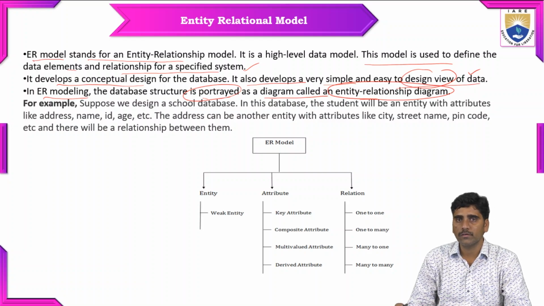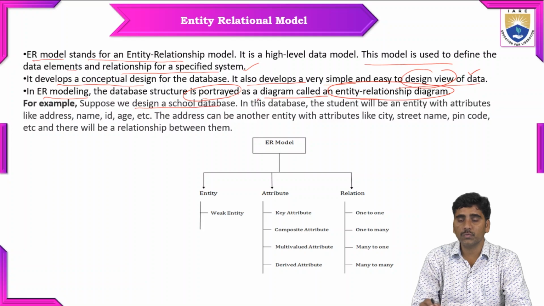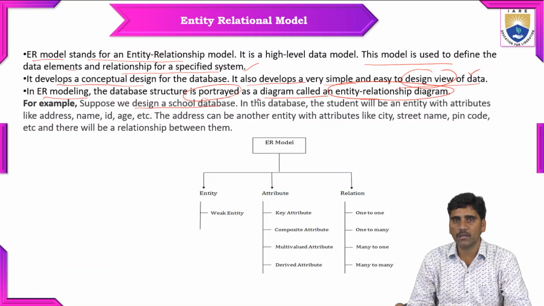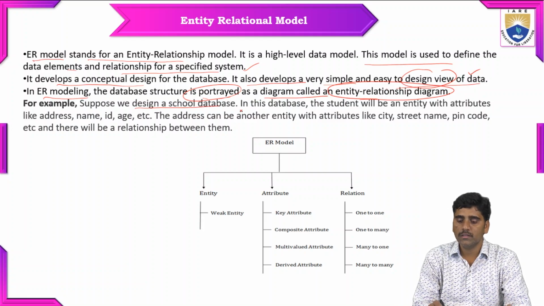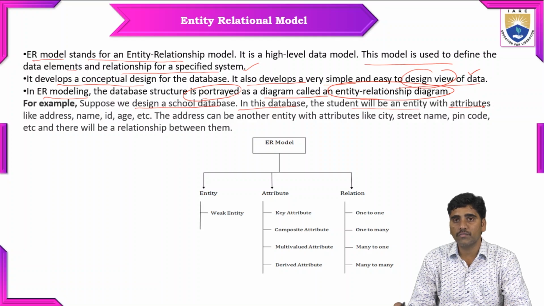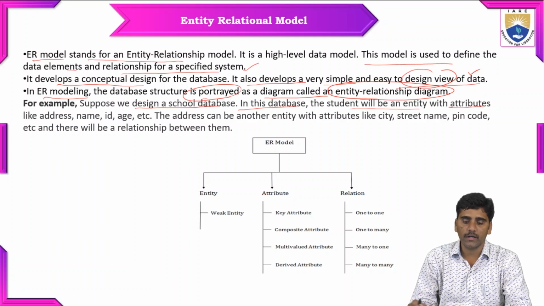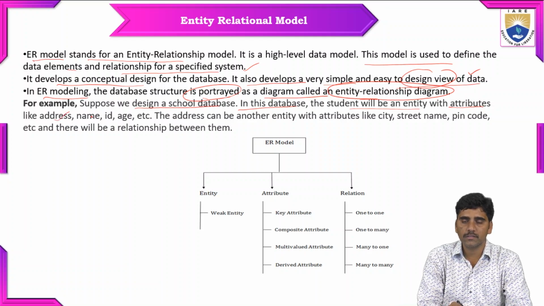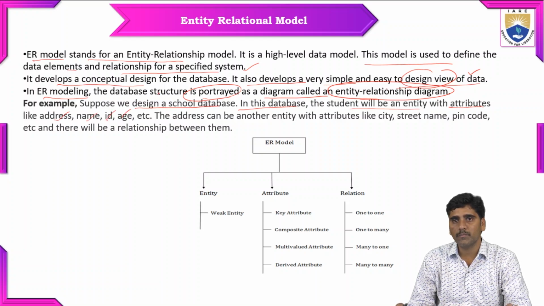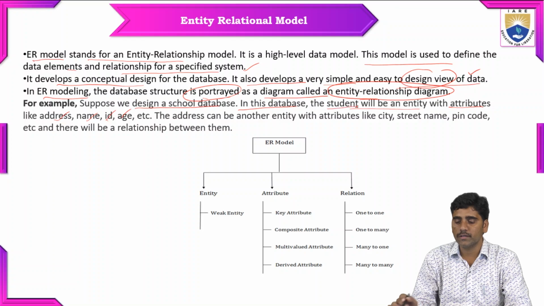For example, suppose we want to design a school database. In this database, the student will be an entity with attributes like address, name, ID, age. These are all attributes of the student entity.